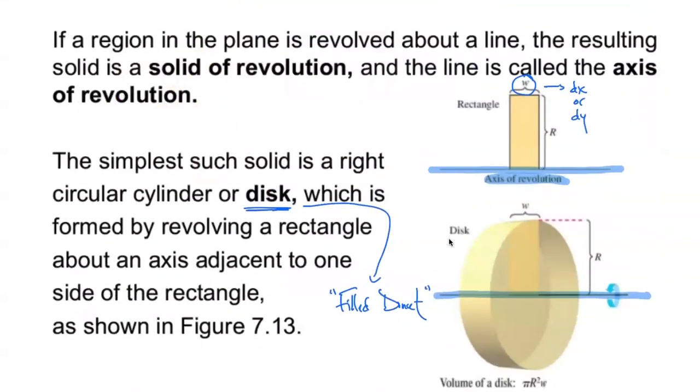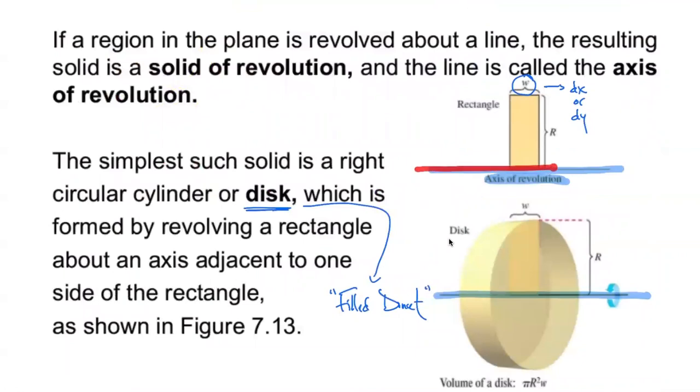We then talked a little bit about this idea of a solid of revolution and how sometimes, instead of cross sections like we had in the previous one that already existed, we create these cross sections.